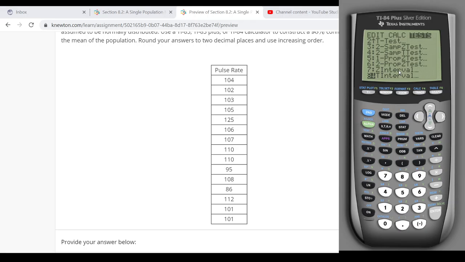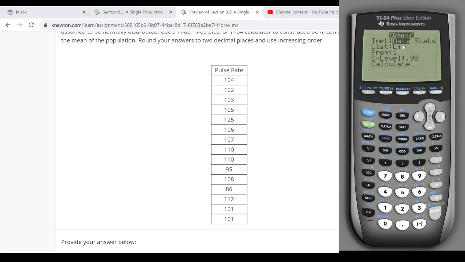There's Z interval, that was for estimating a mean, creating a confidence interval when sigma was known. We want T interval, number 8. That's for estimating a population mean with a confidence interval when sigma is unknown, like we have here. So I go to T interval.